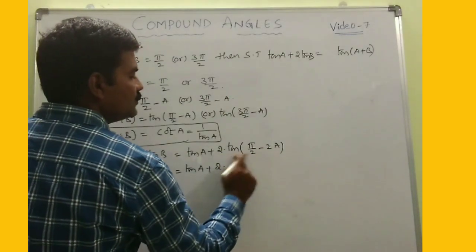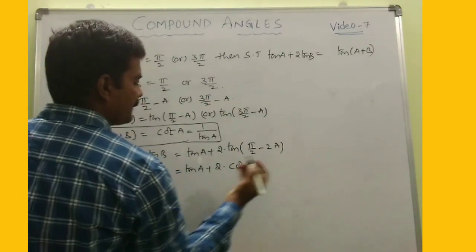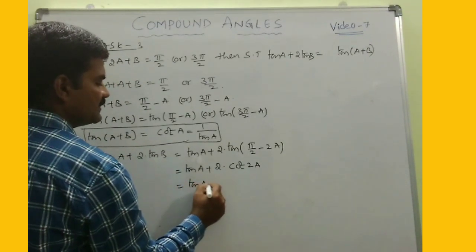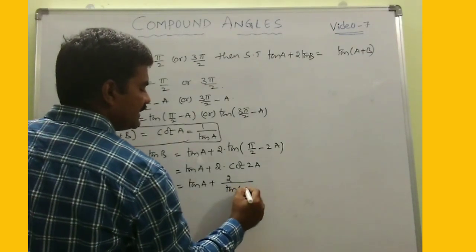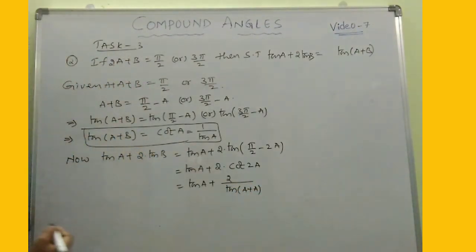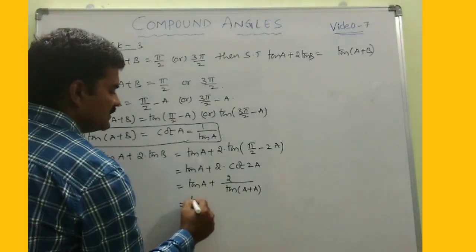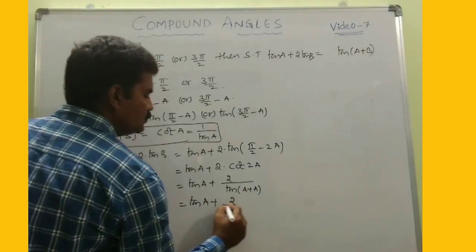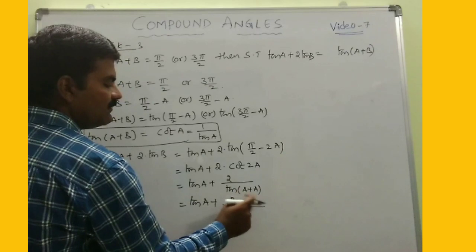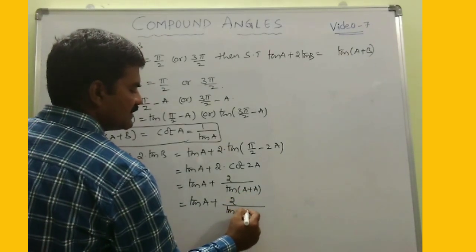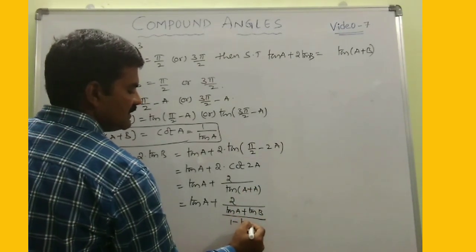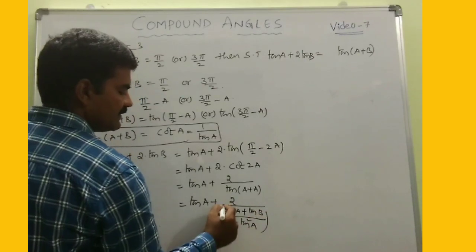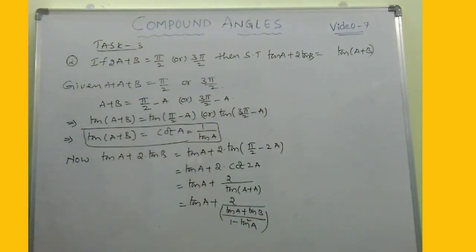Actually this is cot 2a. And see the simplification especially. This is 2 by tan 2a, and tan 2a once again I want to mention as tan of a plus a. Hence tan a plus 2 by, this is like tan of a plus b, so tan a plus tan a by 1 minus tan a into tan a, which I can write as tan square a.